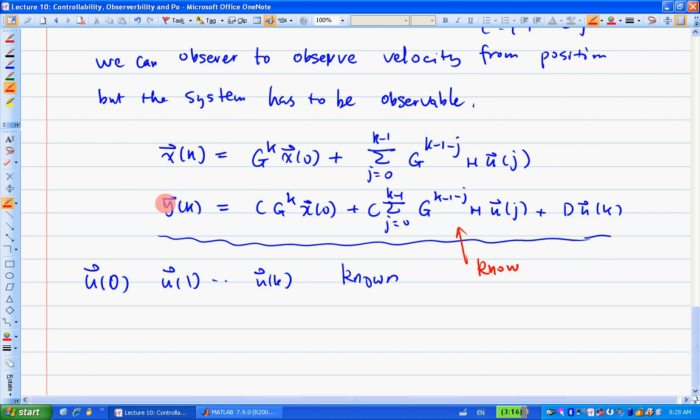So it's just x of 0 that we don't know. So this is like a reversed problem. I want to observe the system. If I can prove, based on what is known here and the known coefficients, can we go backward to derive the value of x of 0?